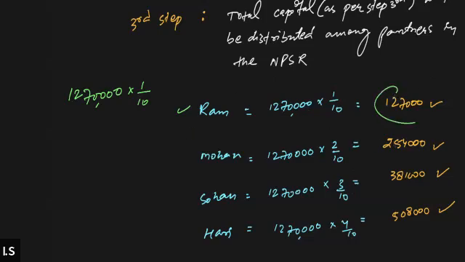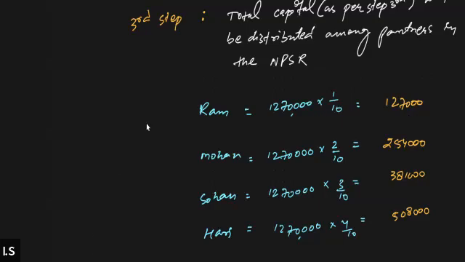It is 1,27,000. Similarly, 2 by 10 for Mohan, 3 by 10 for Sohan, and Hari is going to get 4 by 10. This is how we find out their adjusted capital as per the new profit sharing ratio. Got it, everyone? Is it clear?